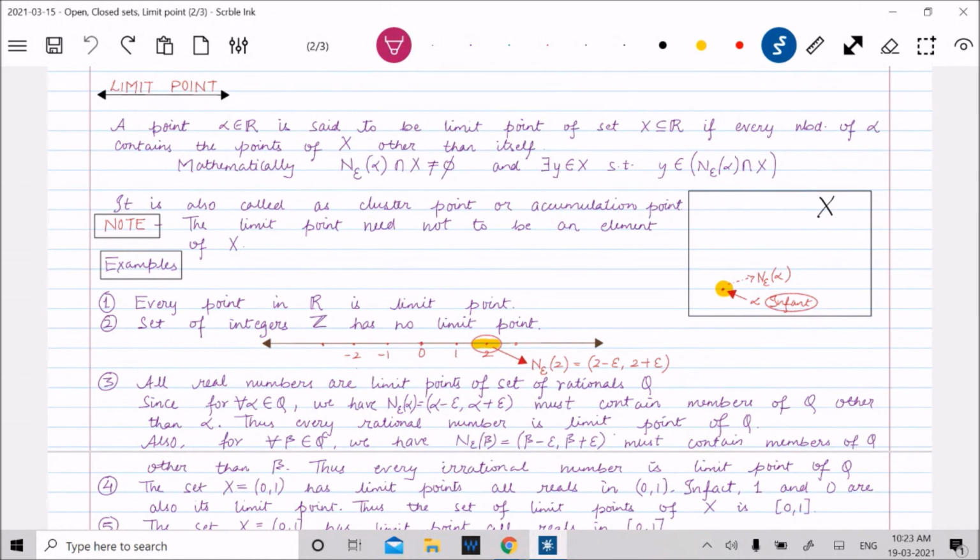Firstly, you will just pick a rational number. Think of any rational number. Suppose you think about the rational number 1 upon 2, and you draw a small orange colored neighborhood of it. You will see that there are so many rationals inside that small patch.